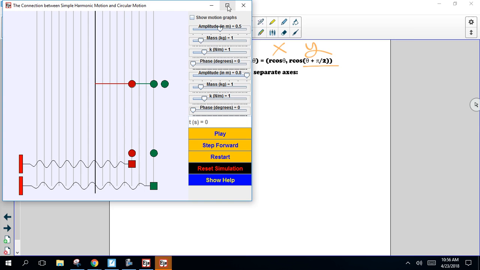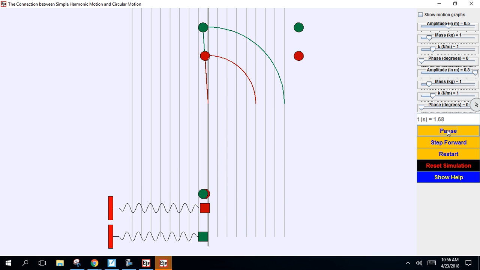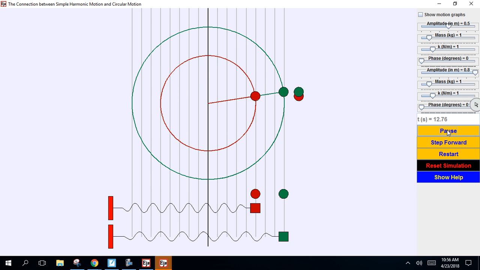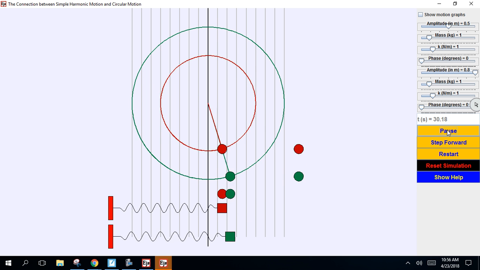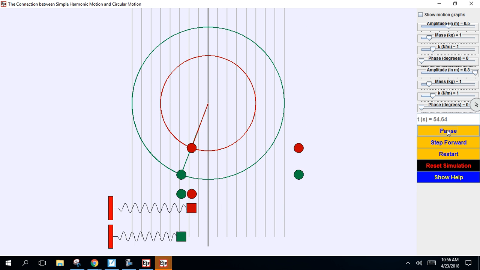All right, so pick one of the circles, either the green or the red. If you look at the red circle, you can see that the motion of the red particle horizontally is the exact same as this red particle attached to a spring, right?